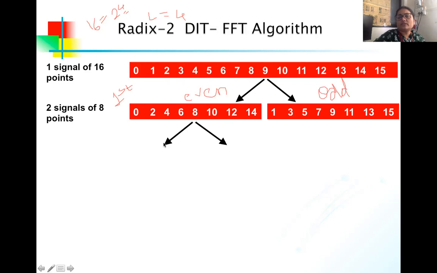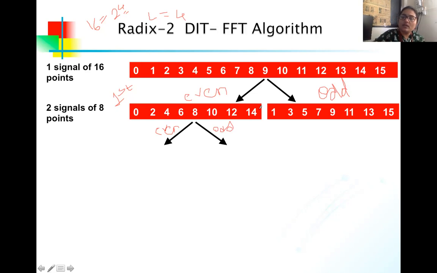Further, these even points are again divided into even and odd. That is the scheme for the next stage: the even points are again divided into even and odd values. The even values in this case are 0, 4, 8 and 12, and the odd values are 2, 6, 10 and 14.